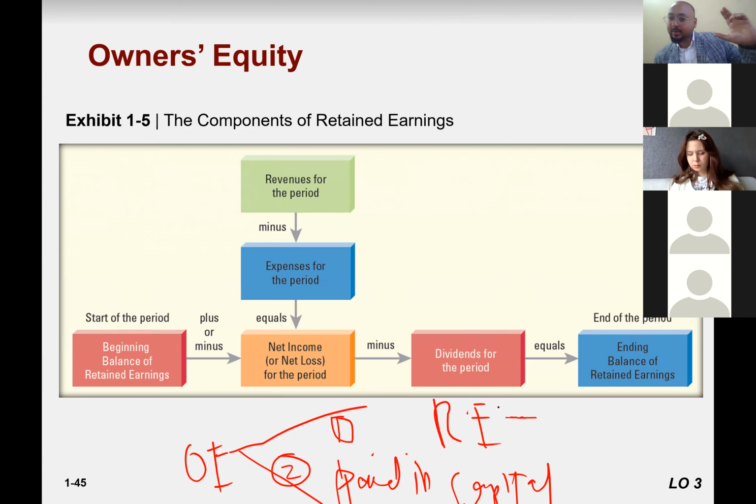Beginning retained earnings plus this year's earnings or net income, minus the dividends this year that we have distributed to owners, whether distributed or not, it can be zero or something. That would be our ending balance. And how can we find the net income? Simple: revenue minus expenses. So we ended our discussion here in our last lecture, so let's begin from here.